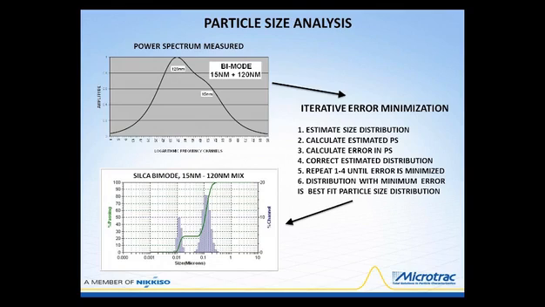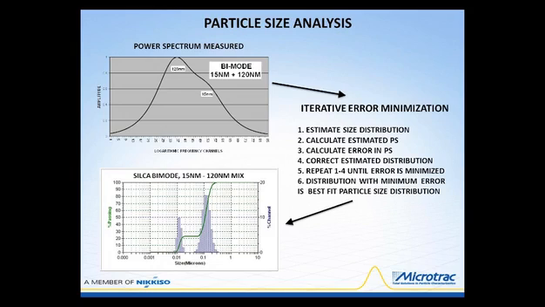And the data shown here shows that the power spectrum of the mixed mode will result in a particle size distribution that represents the two sizes of the particles and the relative concentration of the two particles.